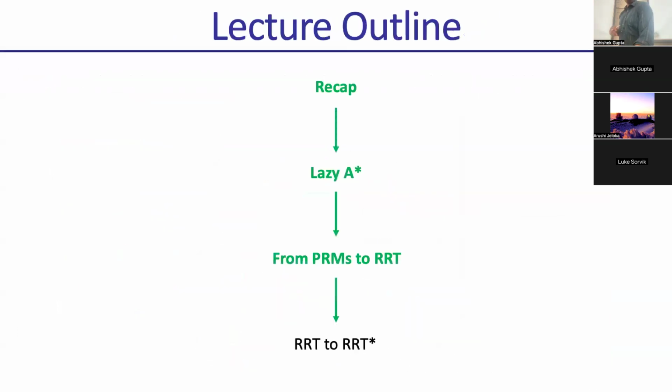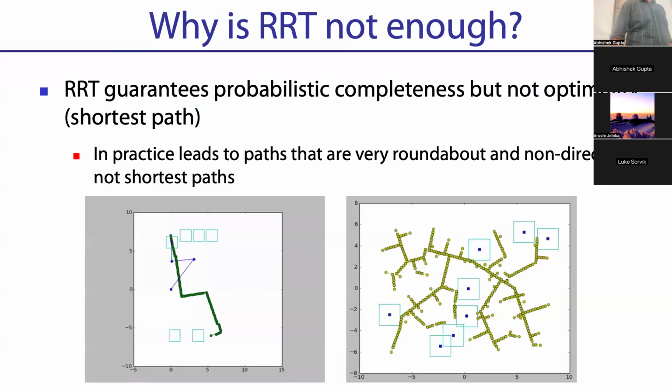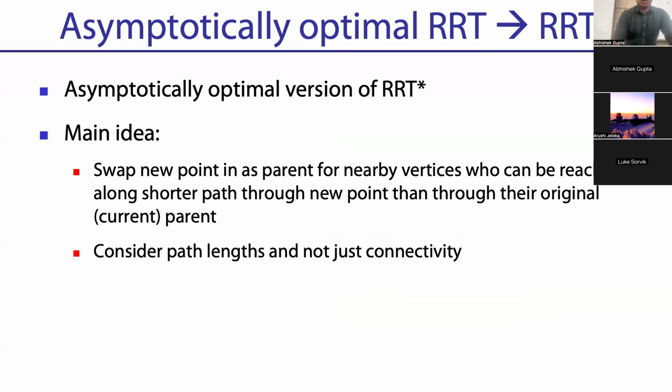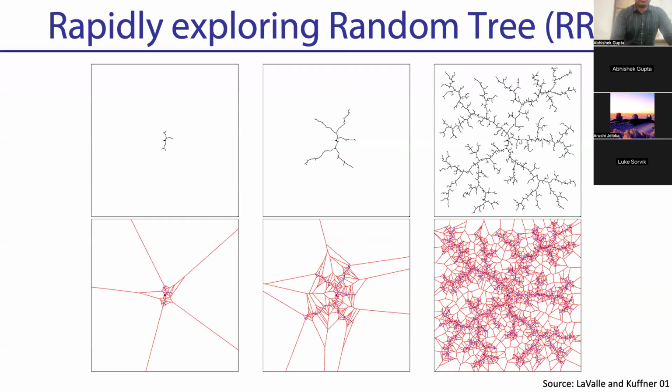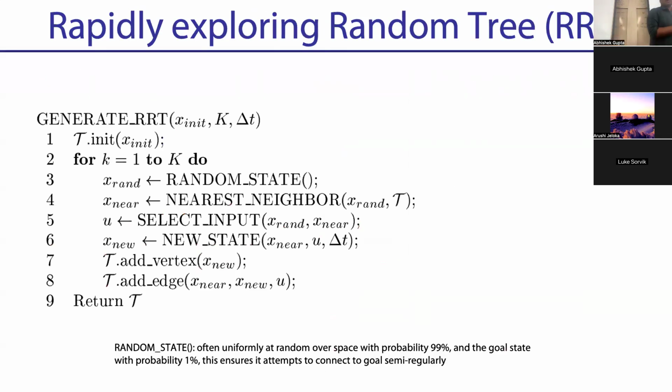Okay, so let's invent RRT star. How do we get from RRT to RRT star? What's the trick? We've been expanding these trees, and these trees don't seem that optimal. Is there a way for us to find more optimal paths? Let's go back to our algorithm. In our algorithm, we just sample something and connect it to the nearest neighbor.